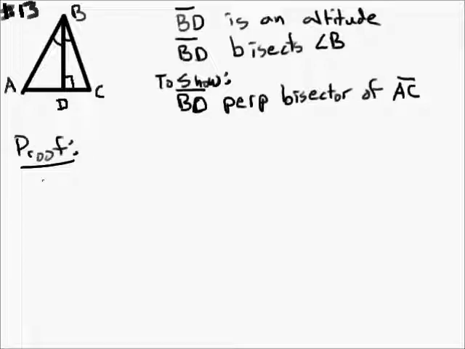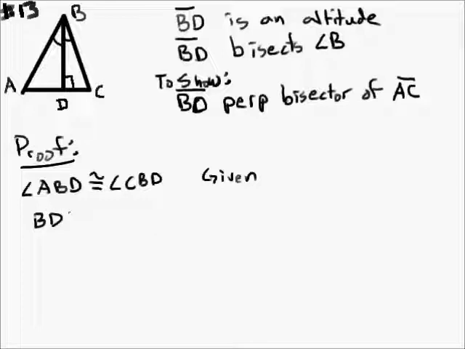So, I'm going to write angle ABD is congruent to angle CBD. That's given to us. And we're going to say BD, that line segment, is perpendicular to AC. That's again given.